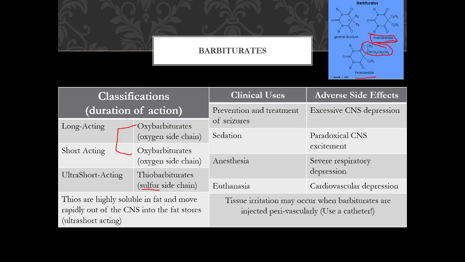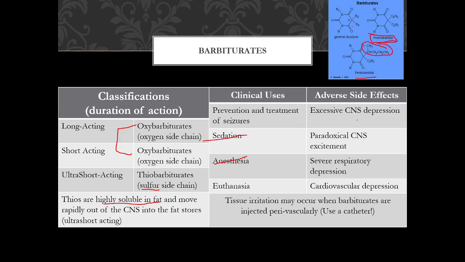Thiobarbiturates are highly soluble in fat and move out of the CNS into the fat stores. They are safer to use in thin dogs like greyhounds or other sight hounds. Clinical uses: prevention and treatment of seizures, sedation, anesthesia, euthanasia. We do not use it as much for sedation and anesthesia because it's much more difficult to control.